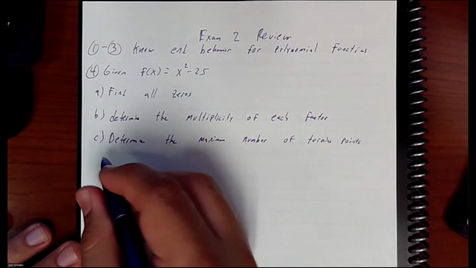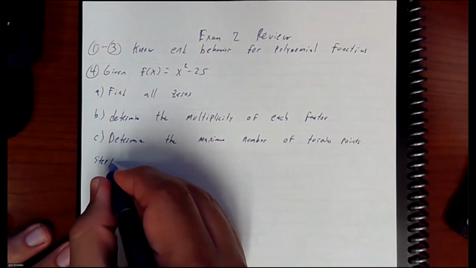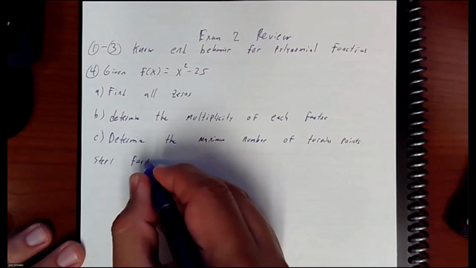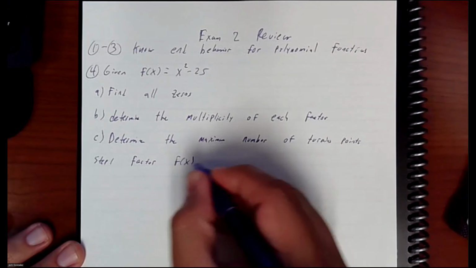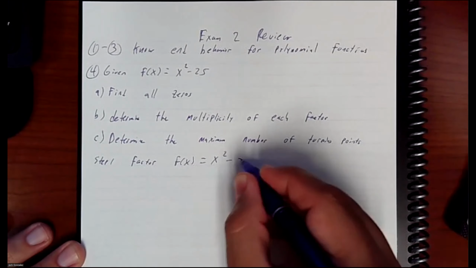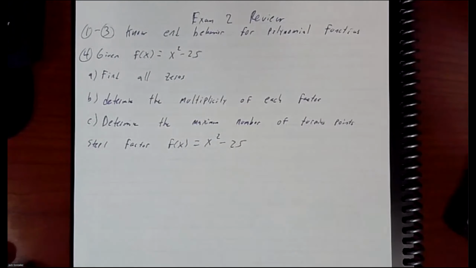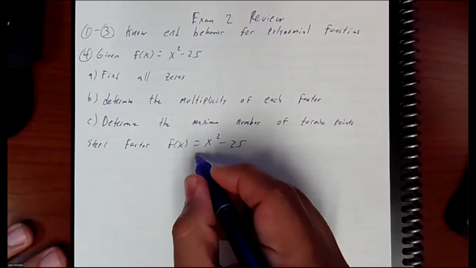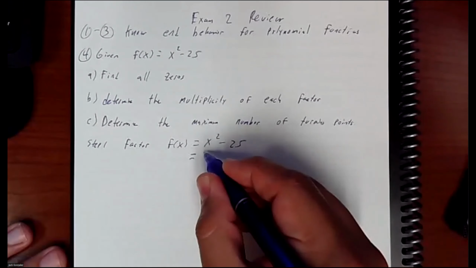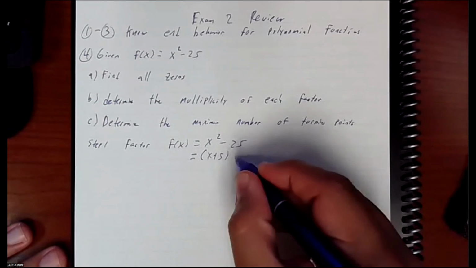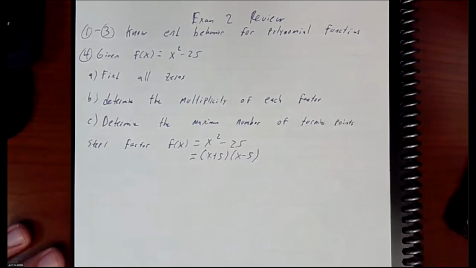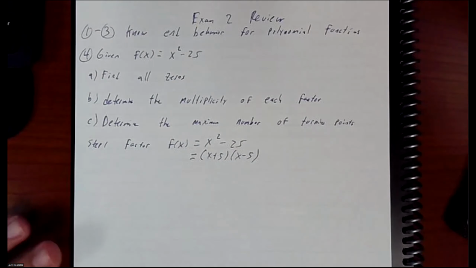All right, so first thing we need to do, step 1, is factor f of x. We should see that this is a difference of squares, right? This is back from the beginning, when we first started, we did factoring. So this will be x plus 5, x minus 5. So first step is factor.